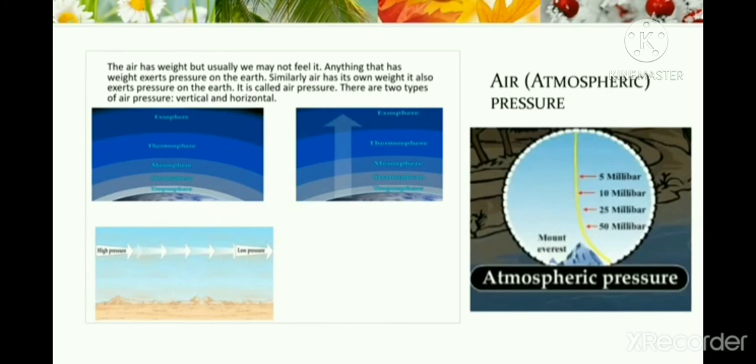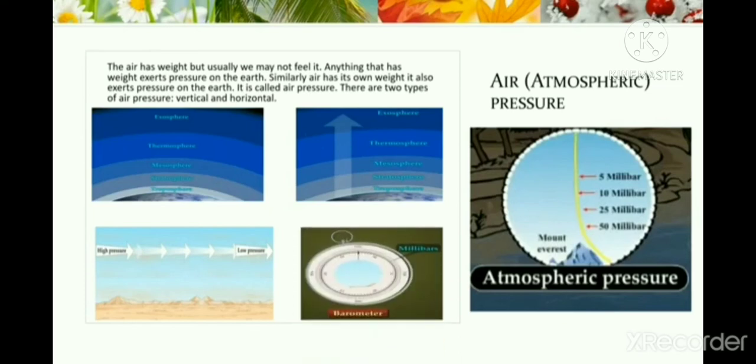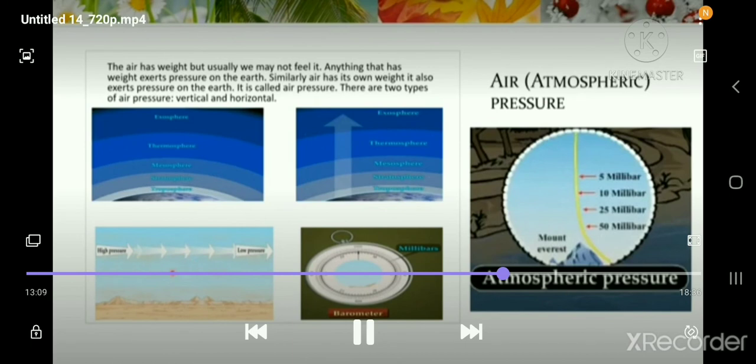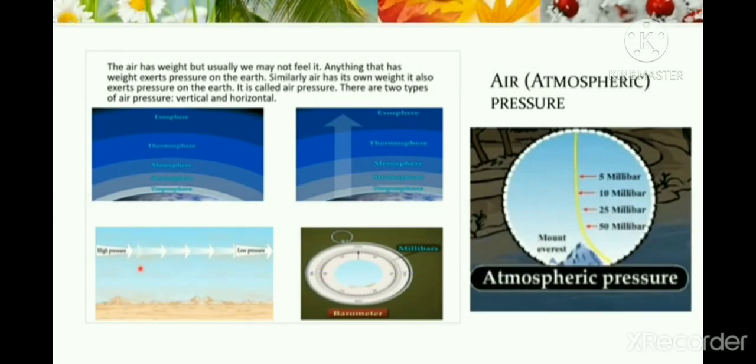This gives rise to winds, as shown in the diagram, from the high pressure to the low pressure. This air pressure is measured by the barometer in millibars.